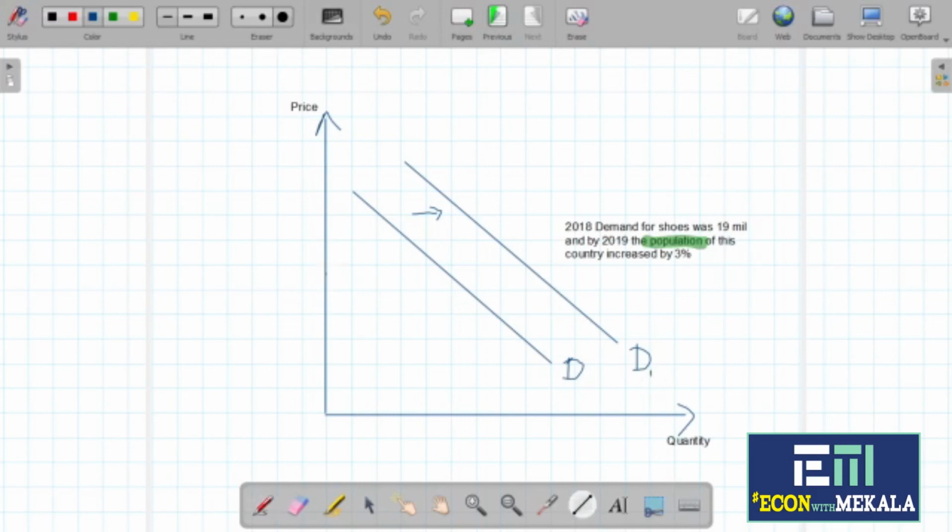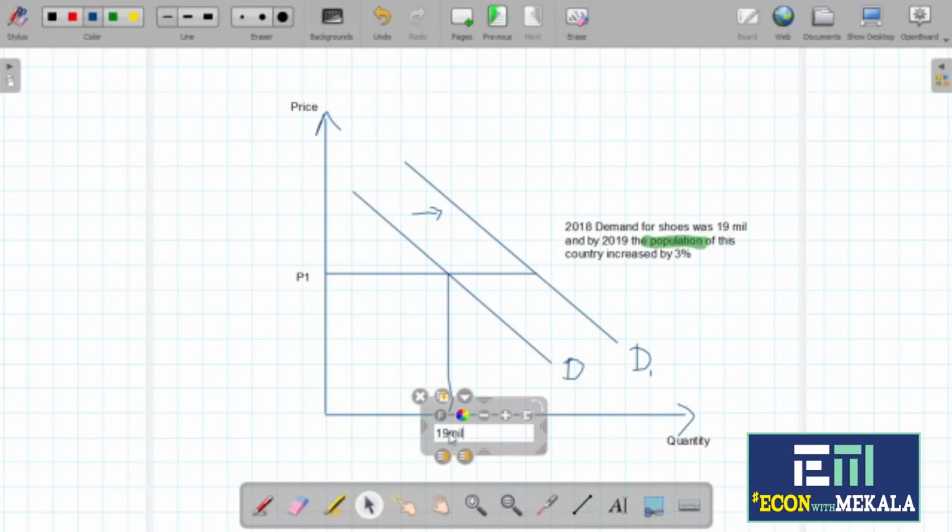So if the price remained constant, let's assume the price was at P1. In 2018, the demand was 19 million, but now since the population increased, demand has increased.